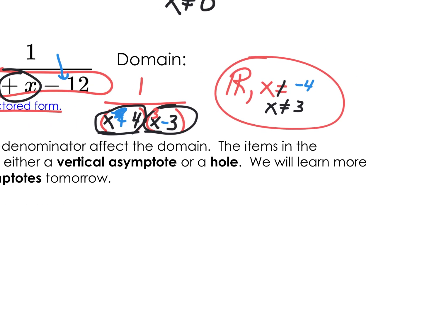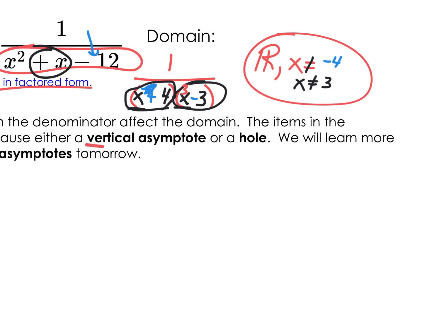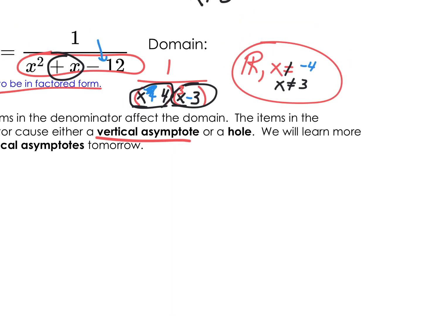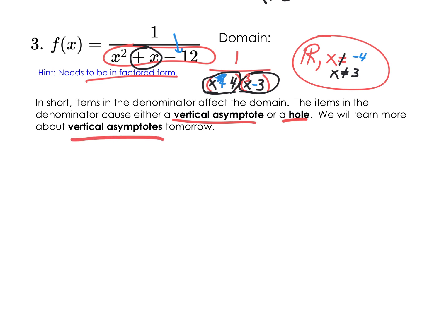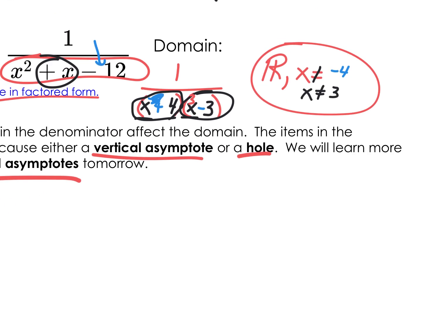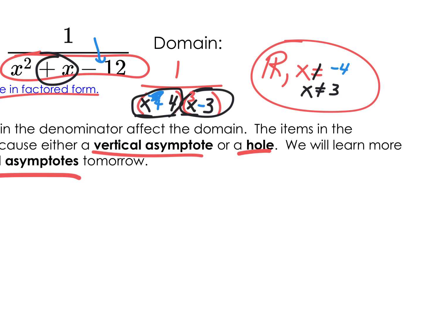All right. Now, another thing that you have to understand is how to do vertical asymptotes and holes. And it says we're going to learn more about vertical asymptotes tomorrow. False. I'm going to tell you right now because I think it's easy and I think it's worth taking a second to do. The vertical, just like the domain is what you can safely feed the function. You got to know what it is.